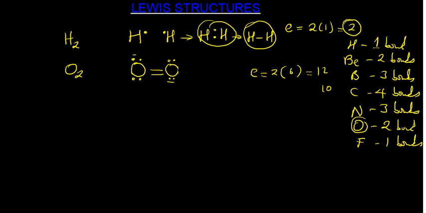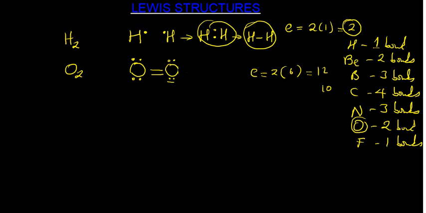This oxygen has 2, 4, 6, 7, 8. We come to this one, 2, 4, 6, 7, 8. So now each oxygen has 8 electrons in the outermost shell, and therefore the Lewis structure for oxygen has a double bond. That is the Lewis structure for oxygen gas.